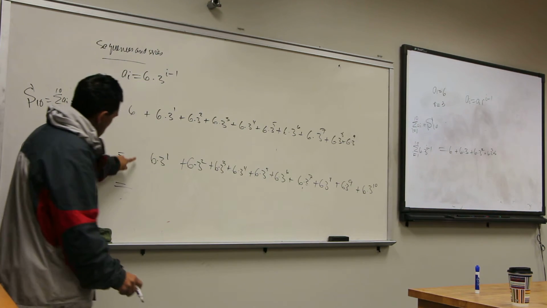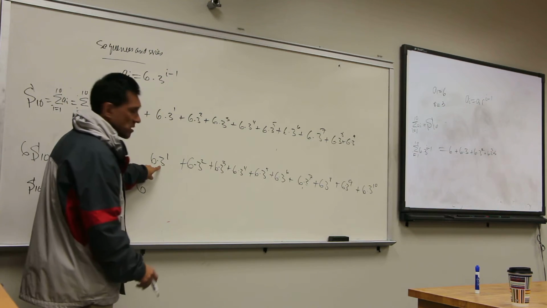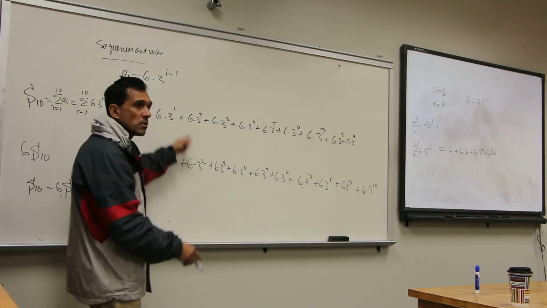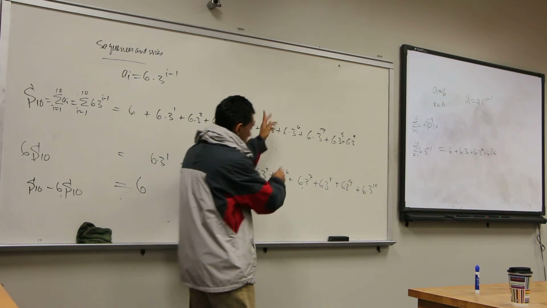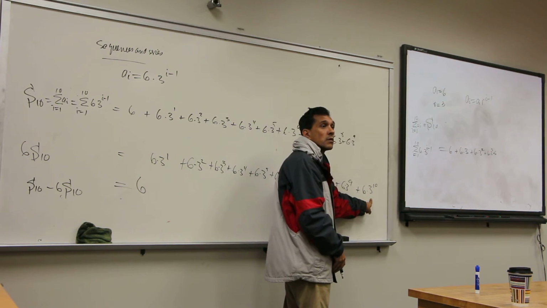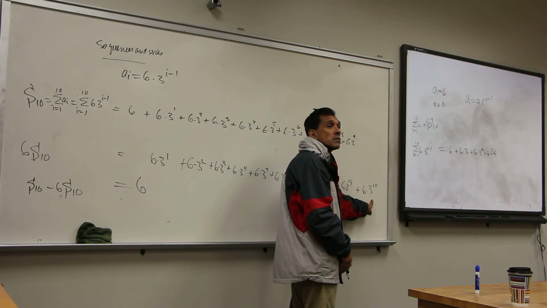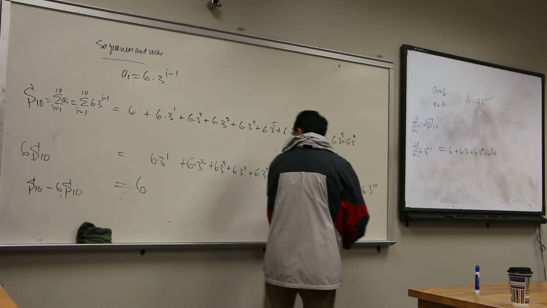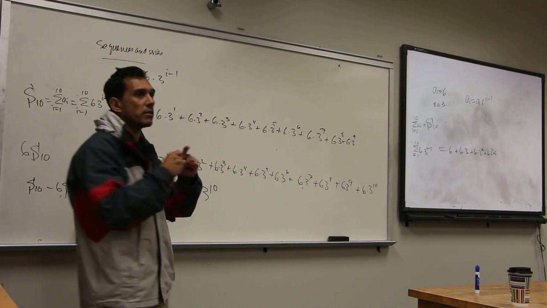Well, what is this minus this? 6. And what is this minus this? 0. And then negative 6 times 3 to the power 10.